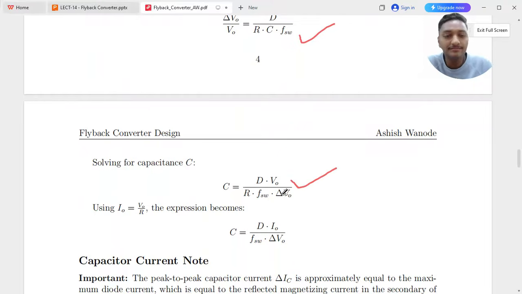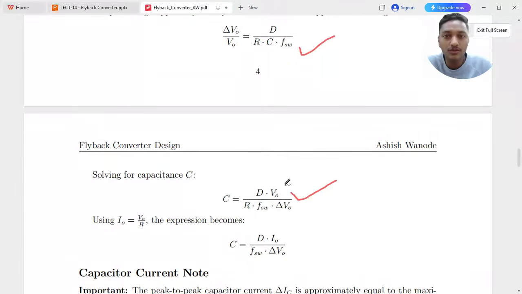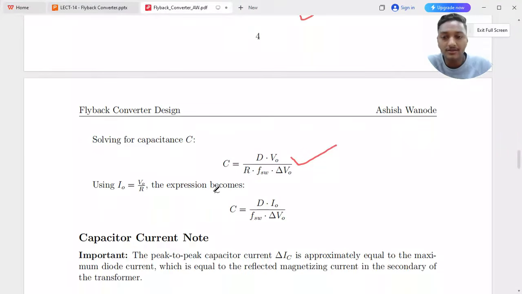If you want to go into detail, just apply the simple IC calculation for when the switch is on and the switch is off, and apply current second balance; you can easily get this formula. You can use this formula of the C for calculating the output capacitance.